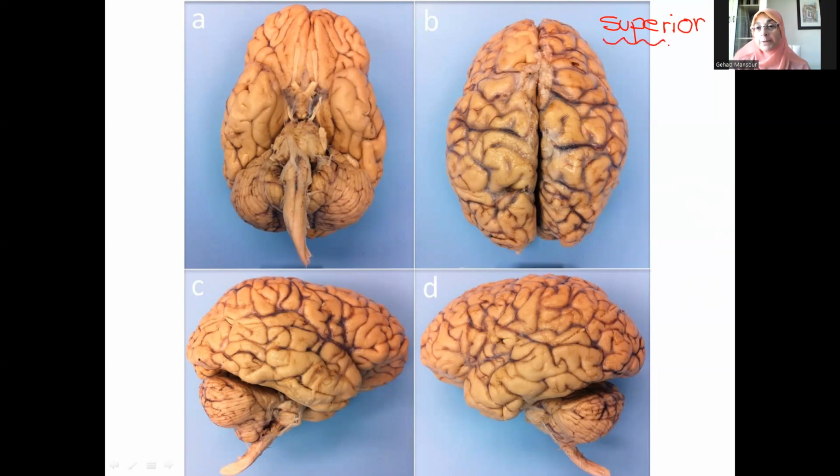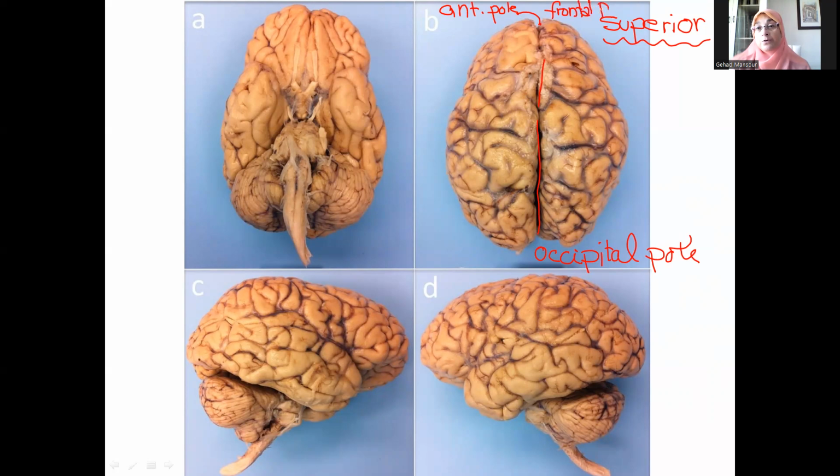How can I know that this is a superior surface? By the presence of this deep sulcus or groove that extends from the posterior part of the brain, which is called the occipital pole, to the anterior part of the brain, which is called the anterior pole or frontal pole.